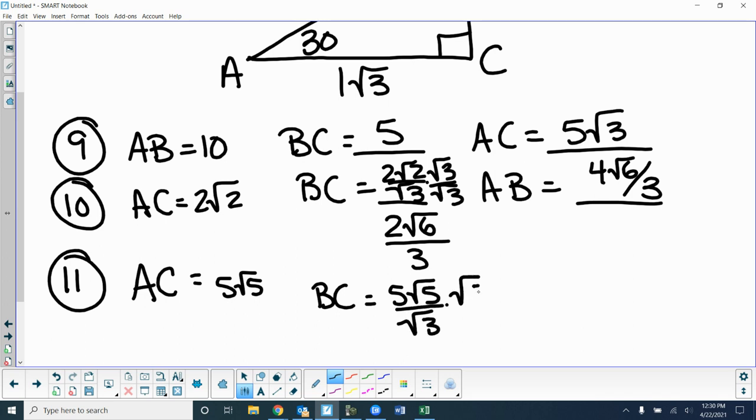And rationalize it. So it's 5 radical what? 15 over 3. And then AB, what do I do with that 5? Just multiply it by 2.